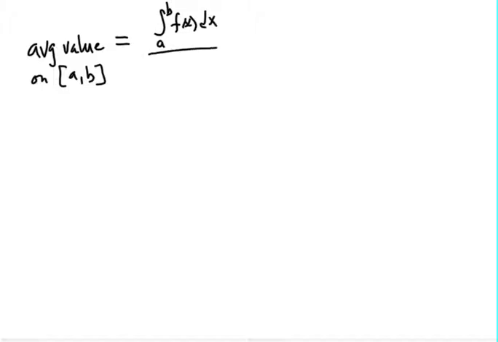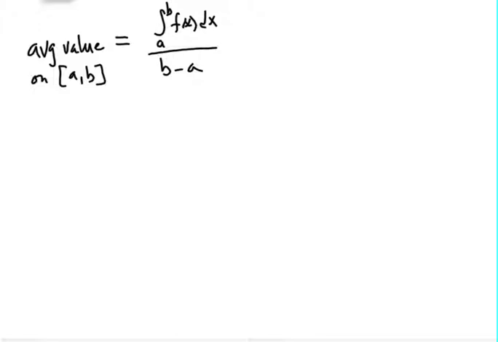And here we need to use a little bit of basic calculus. And what we're going to use is the equation to find the average value of a function. So the average value of a function on the interval a to b is equal to the integral from a to b of f of x dx divided by b minus a.